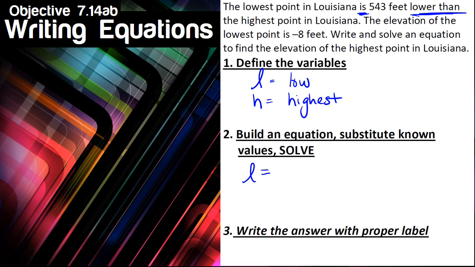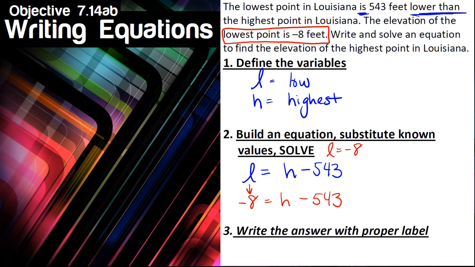So what we do is we got to switch the places of H minus 543. We're given some other key information. The lowest point, so we know that L is going to be equal to -8. So let's go ahead and substitute that in. So -8 is equal to H minus 543.